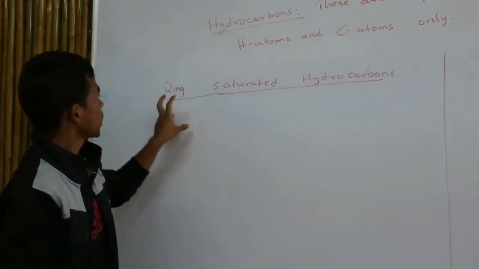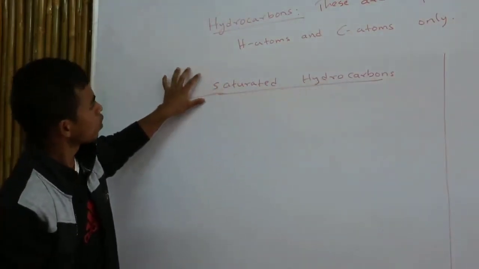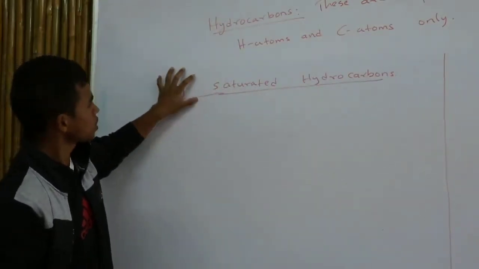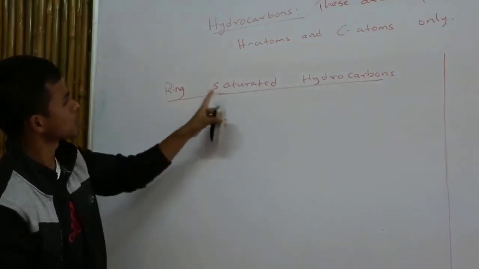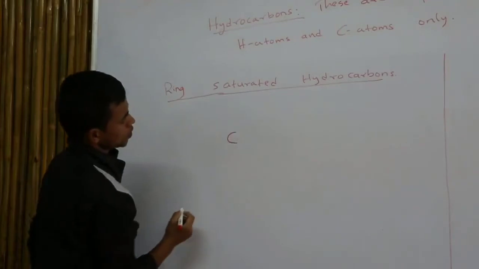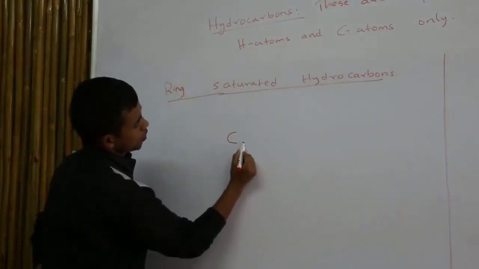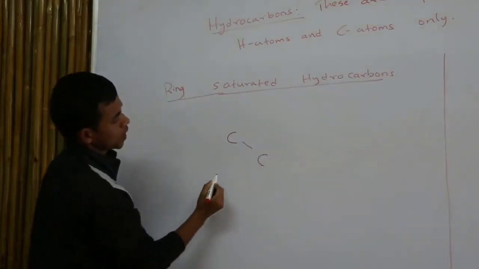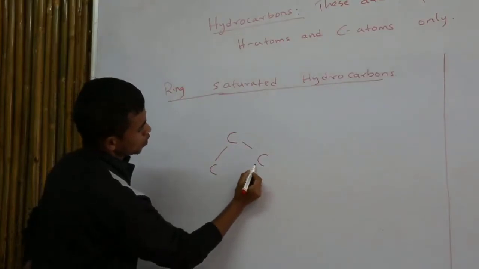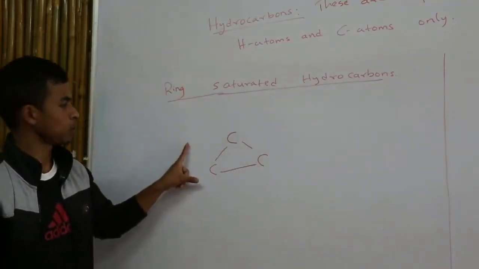In the case of ring saturated hydrocarbons, saturated means only single covalent bonds. The carbons are linked together in the form of a closed loop. In this case, we require at least 3 carbon atoms to form a closed loop, and the bonds between them are only single covalent bonds.